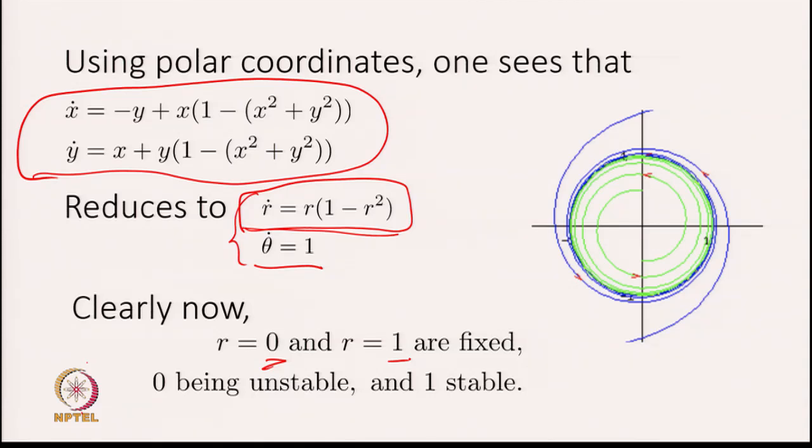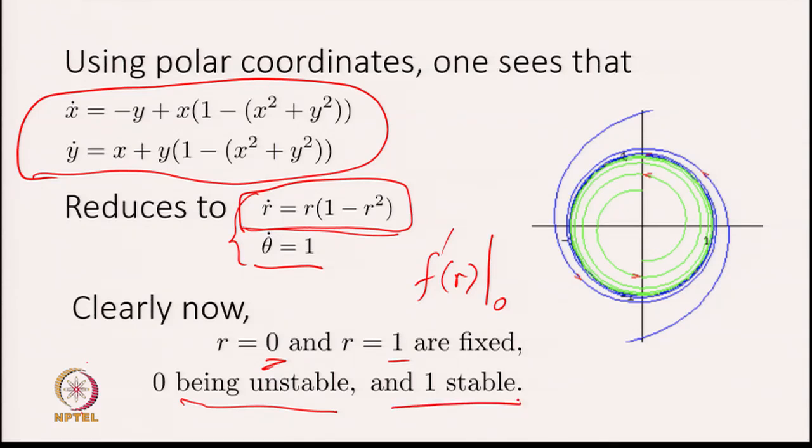Now, again doing the analysis, namely looking at the derivative f prime of r. If you look at f prime of r at r is equal to 0, you find that the derivative is equal to 1, a positive number, and therefore 0 is an unstable fixed point or an unstable circle.